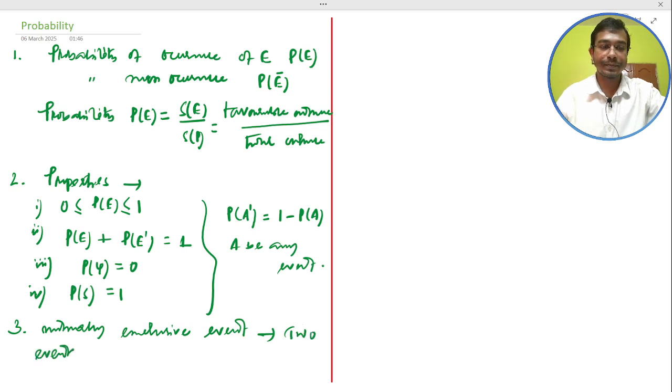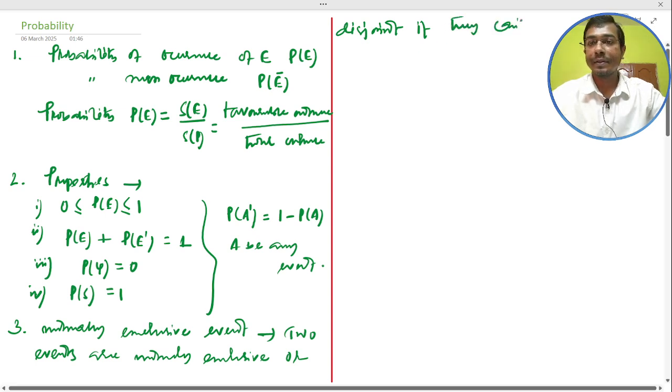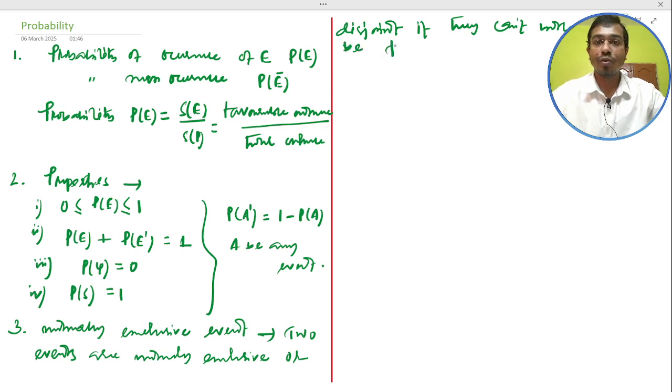Two events are mutually exclusive, or this is also called disjoint, if they cannot both be true at a single time. This is the definition of mutually exclusive events.